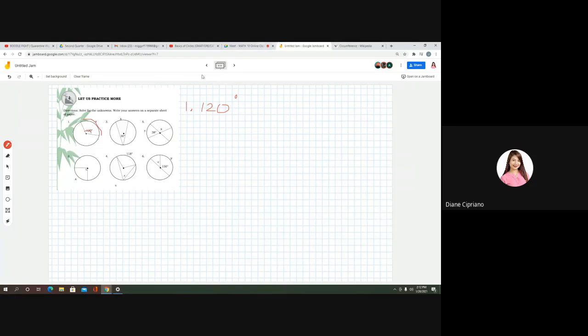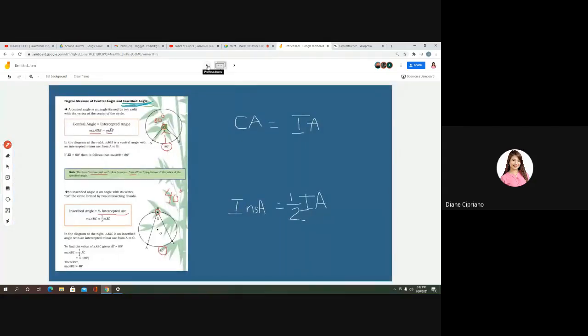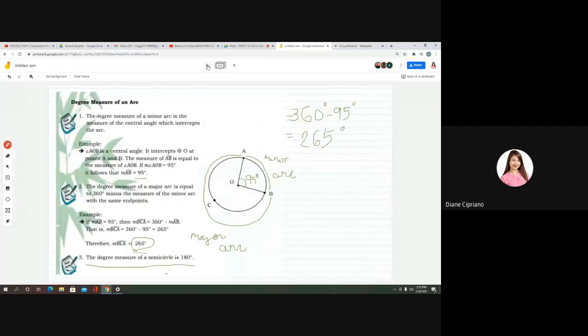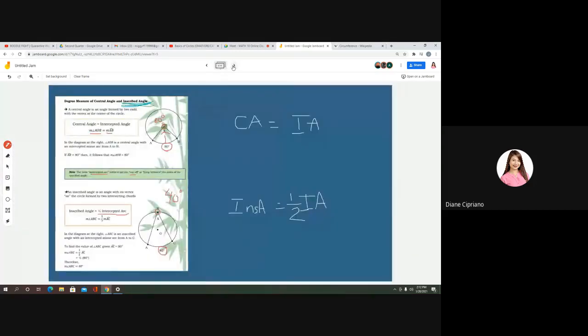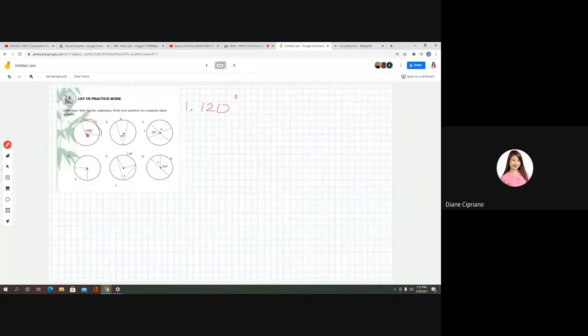Right? Yun yung nasa slide. Central angle is equal to the intercepted angle or the arc. So, meaning, 120 degrees, the arc or the x here is also 120 degrees.